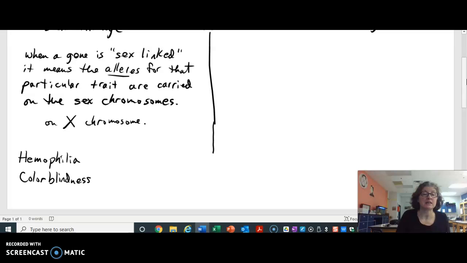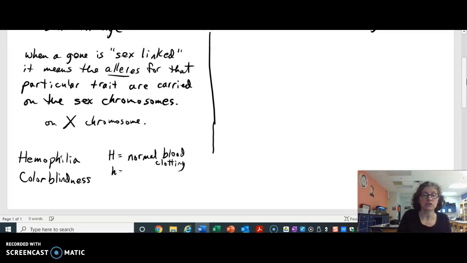Those are probably the two biggest ones that you'll come across that are sex-linked conditions. What this means is that, for example, let's say that capital H is normal blood clotting, because hemophilia is when the blood clotting is not normal, right?